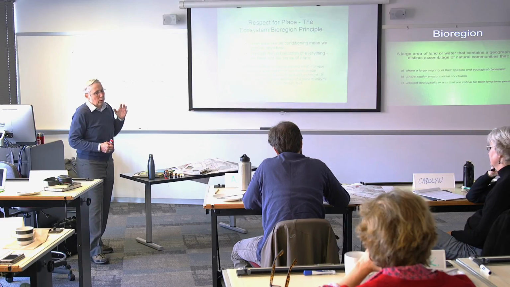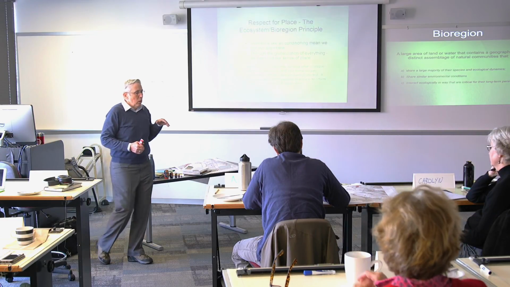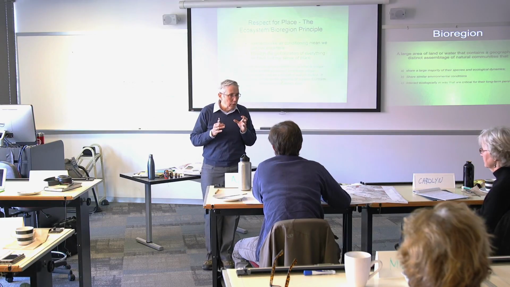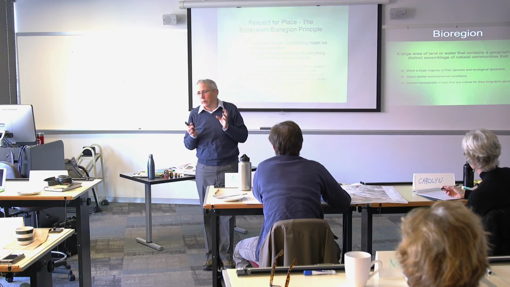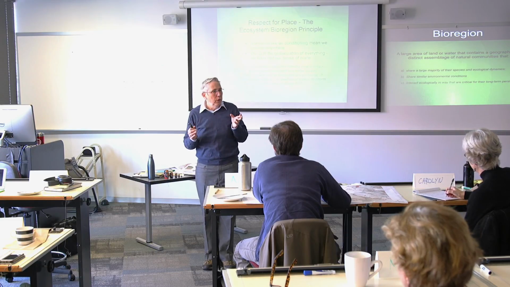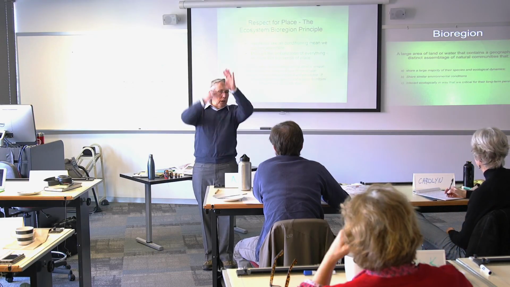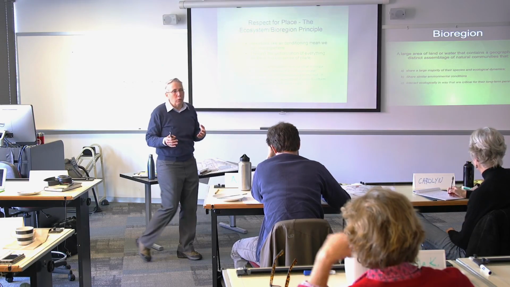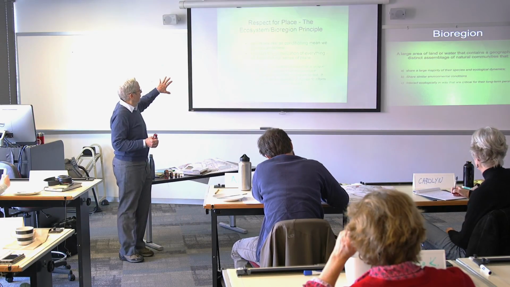So for this principle, I would like you to do a little bit of research, not a ton. This is a 2-credit course and you have 2 assignments, so I'm not expecting you to do a full bioregion analysis for your little site. But I would like you to give me some idea.